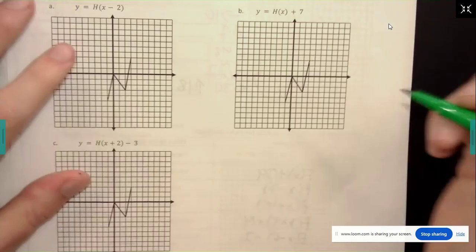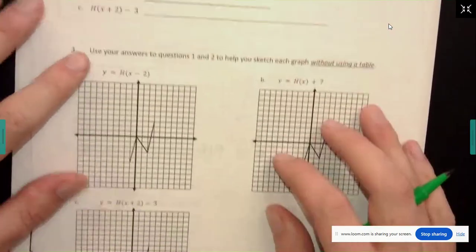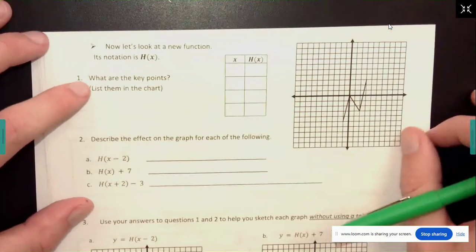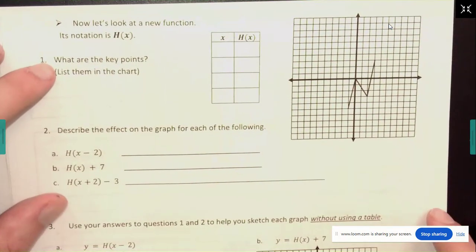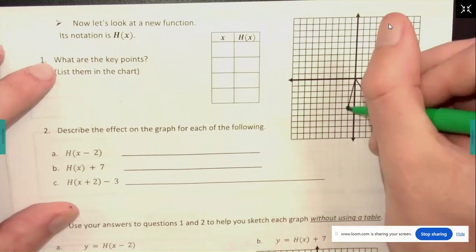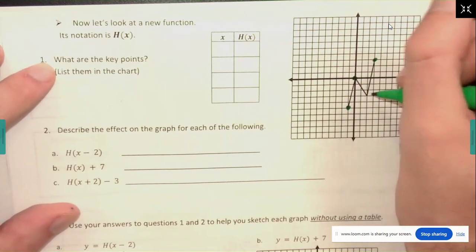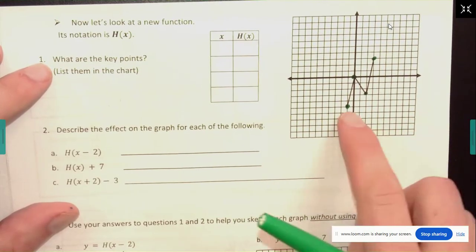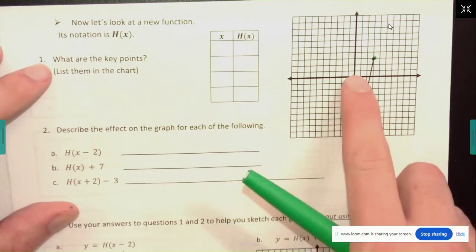It says, what are the key points? So key points, I need to bring this down. Way down. Okay, so what are my key points? If I look at this function, I have a starting point and I have an ending point. I have a turn here and a turn there. So I'm going to use those as my key points, right? They're also cross at points where it's really easy to see what the x and y value is.